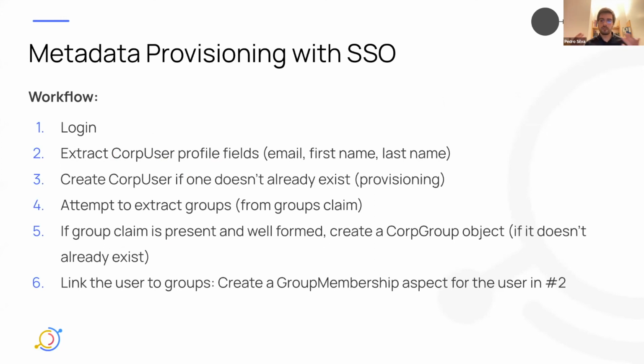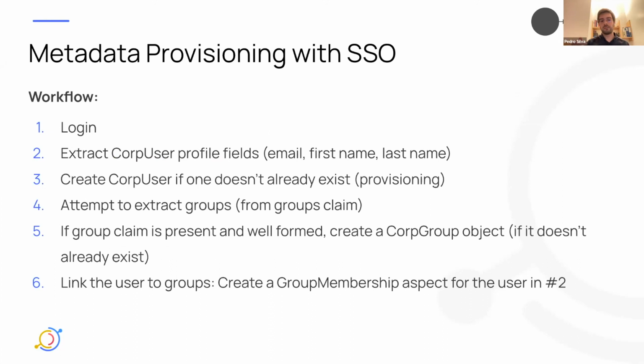To give you a sense of what this looks like end to end, and remember, this is only for SSO. So you log in, given that information that the identity provider gives, we extract the email, first name and last name. We create a corporate user from that. And if it does not exist, we add it to the database. And then as a second step, we try to extract the groups.